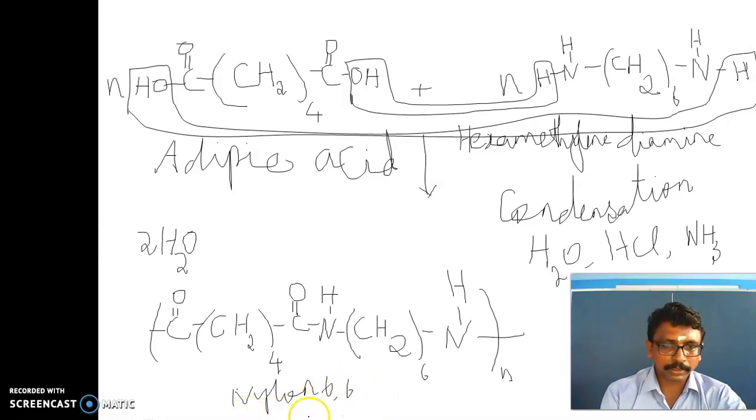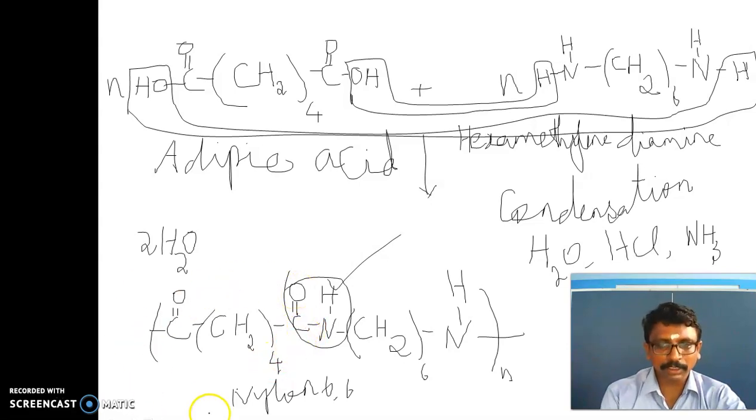Why can we write it as nylon? Because it has the amide bond. Amide bond means what? C double bond O NH. So that we can write it as nylon. Why do we write 6,6? Before the NH, how many carbons are there? Here 1 carbon, here 4 carbon, here 1 carbon.